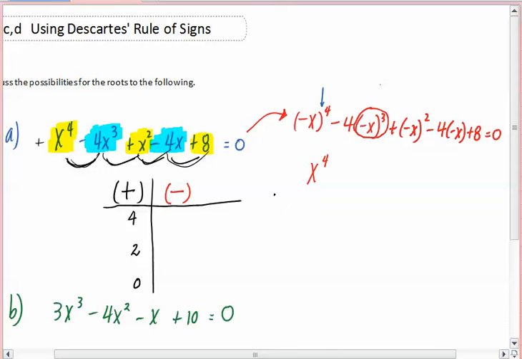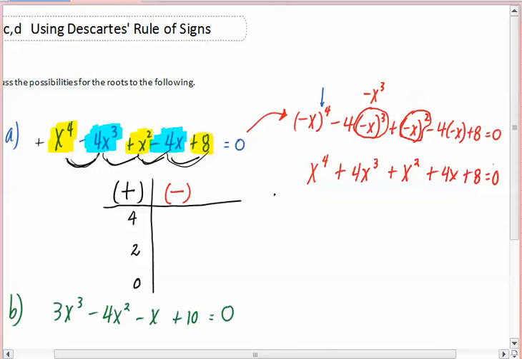So negative x to the 3rd power remains negative x to the 3rd power, times the negative 4 is going to be a positive 4x cubed. Negative x times negative x is just plain old x squared. I have negative 4 times negative x, which is positive 4x, plus 8 equals 0.